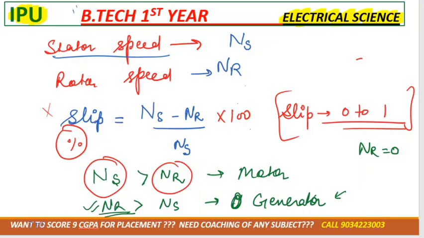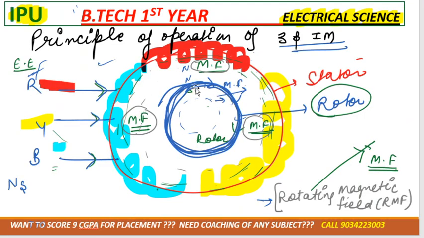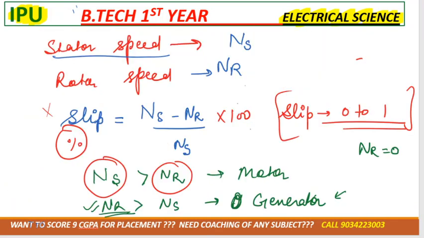Remember I told you in the starting that the rotor is stationary, right? In the very starting stage the rotor is stationary. So at this particular point, if the rotor speed is equal to 0, can you tell me the value of slip? Slip is equal to 1, because nr is 0, ns by ns is equal to 1. So in this case slip is 1.